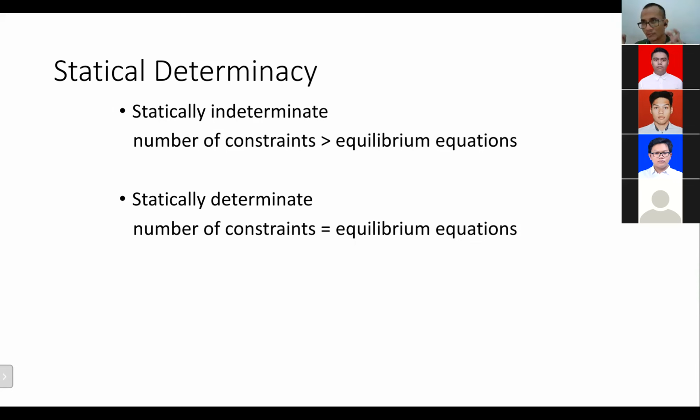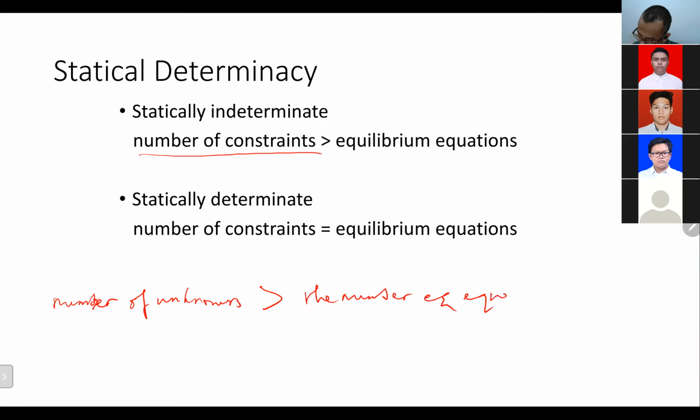Although maybe it's the wrong term, the main thing here is that the number of unknowns is more than the number of equilibrium equations.